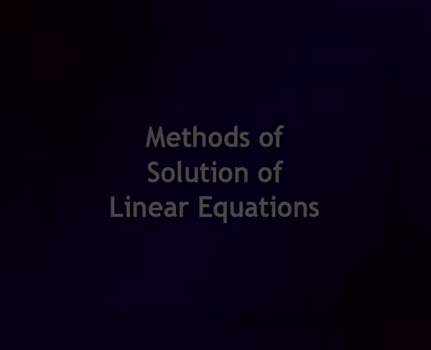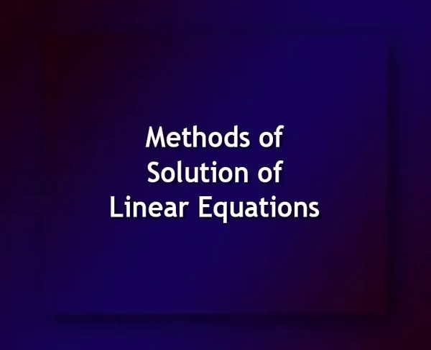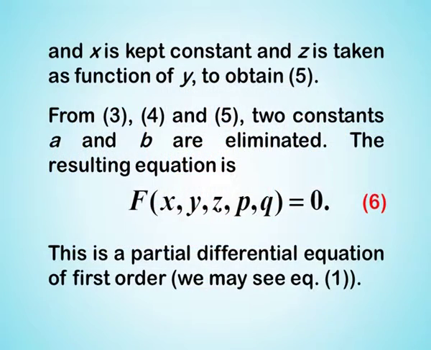So, we can expect that when we will be differentiating again for the fifth equation, we will be keeping x constant, however, but we will have to take z as a function of y. We will see how it happens. x is kept constant and z is taken as a function of y to obtain 5.